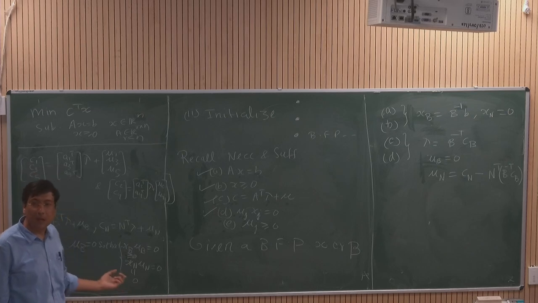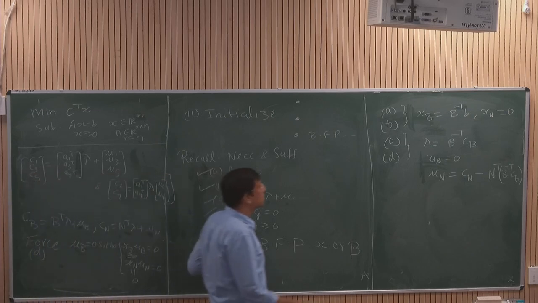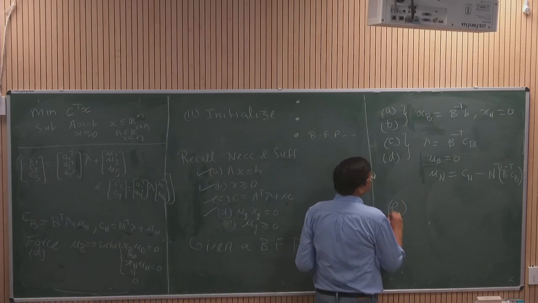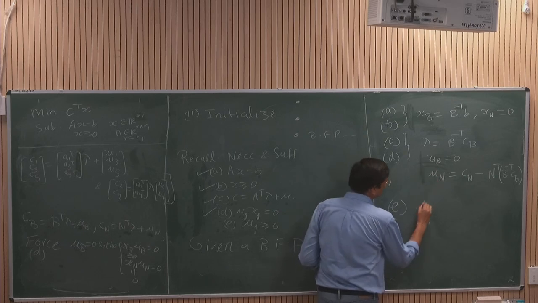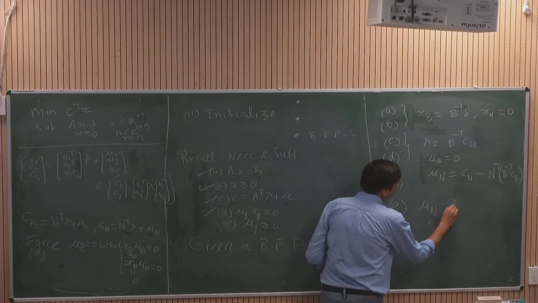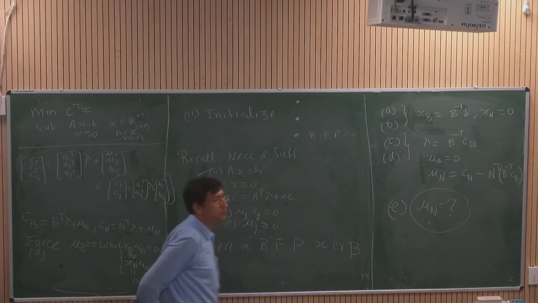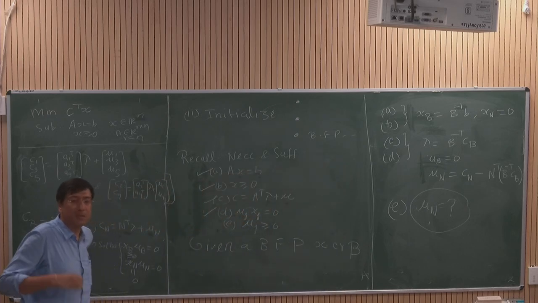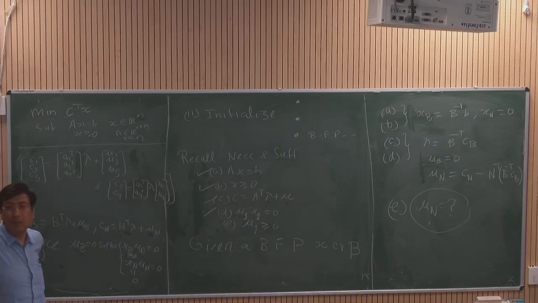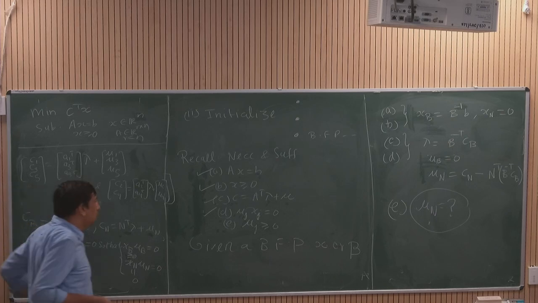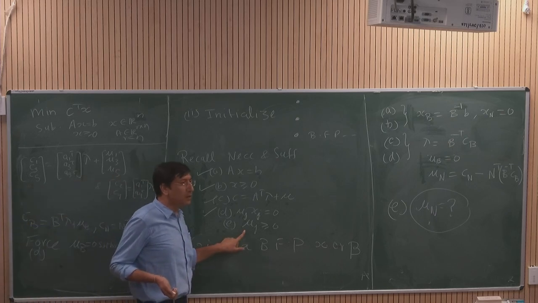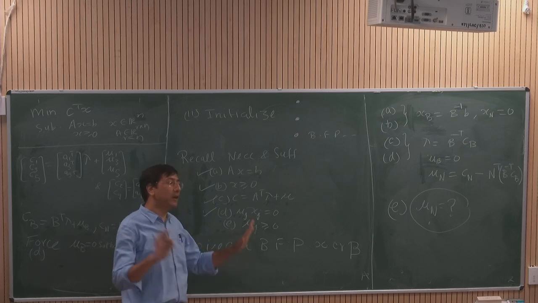We have not looked at the E condition. So now we are stuck. Mu B we have forced equal to 0, but we have no idea what this mu N is. This mu N can be 0, it can be negative, it can be positive, it can be anything. If we get lucky that all the mu N's are greater than or equal to 0, then we are done.